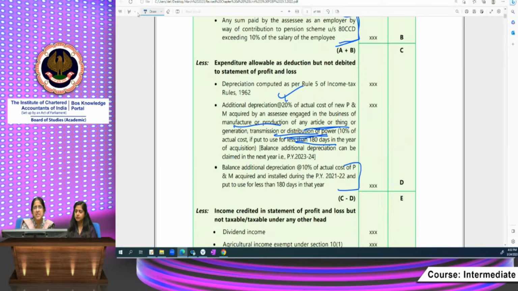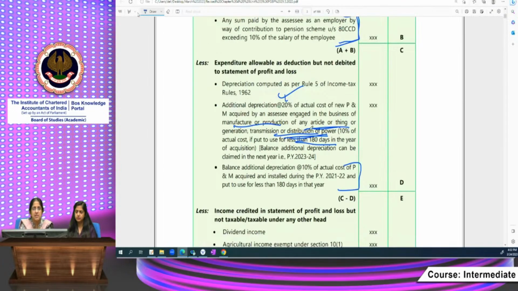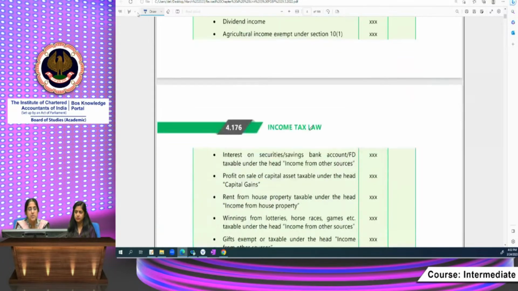I hope all these are very common adjustments which repeatedly keep coming in your examination. Then what else must you deduct? Because it's your statement of P&L account, it's possible that dividend income, agricultural income, rental income, or gifts are credited to it. All these are not taxable under this head, so you must deduct them because they do not form part of profits and gains of business and profession.